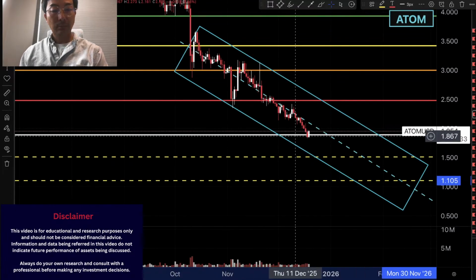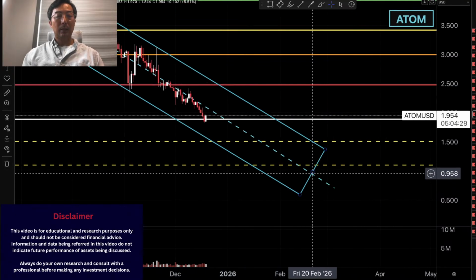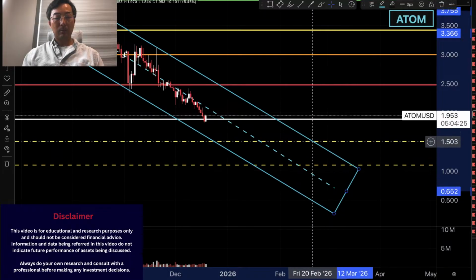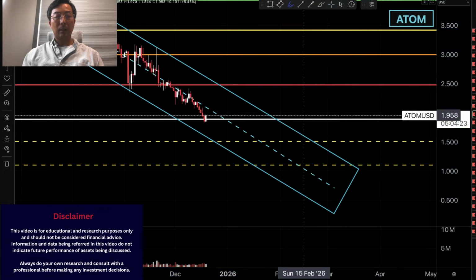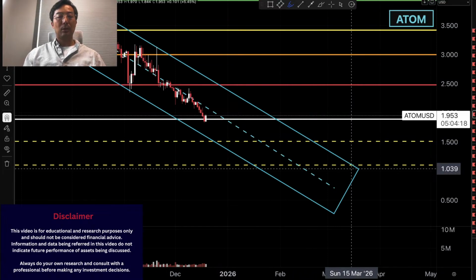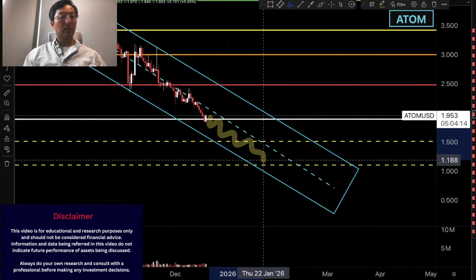Okay, Atom can go as low as those points, and if it does, the trend change confirmation may come near the end of February or even further down to mid-March. Alright, this is still trading at the weaker side of the channel.